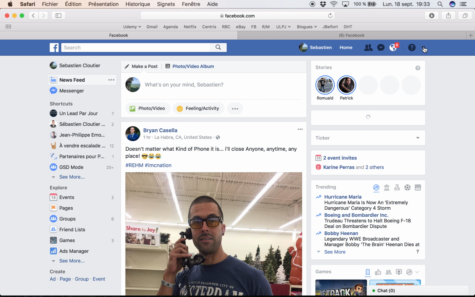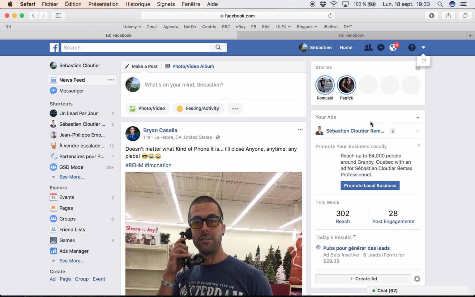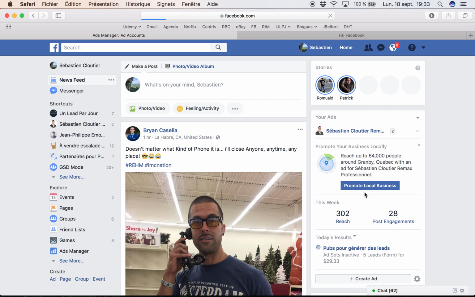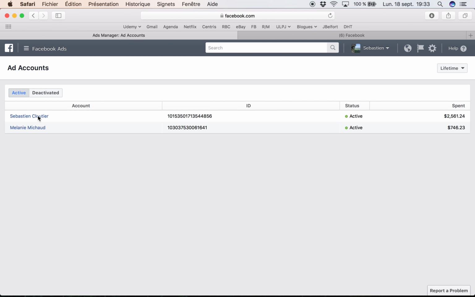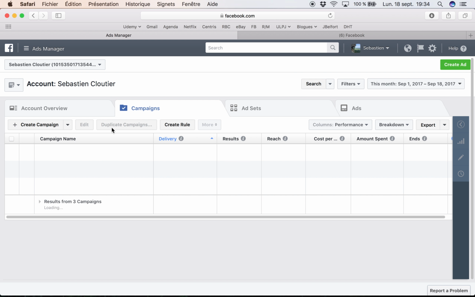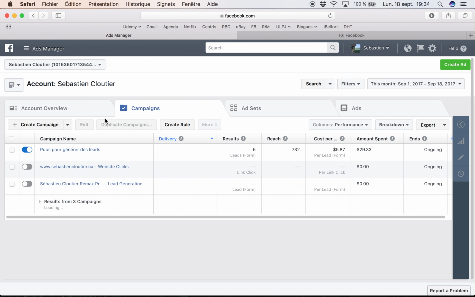And then when the ad is approved, you can go right there, manage ads, and click on your name. I think I don't have any ads running right now. This is all in French, obviously, except for this one. Oh no, it's pretty English, actually. So you have your campaigns.